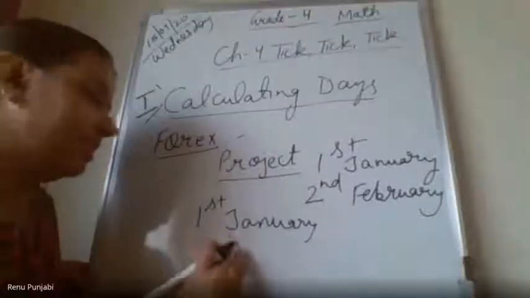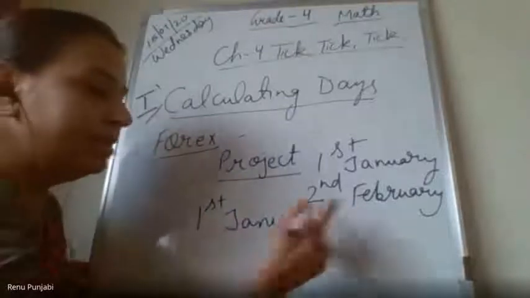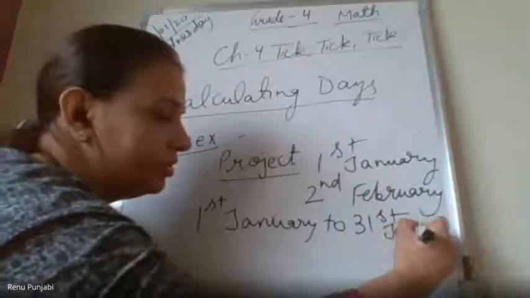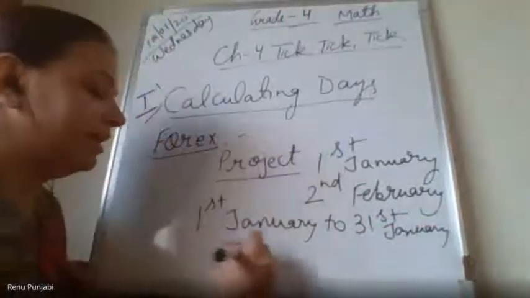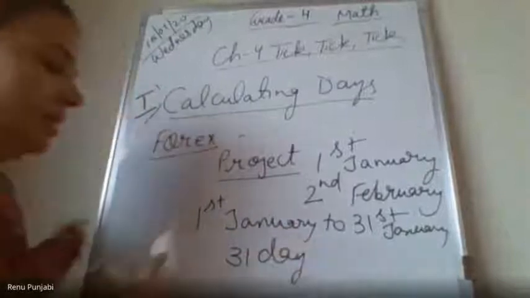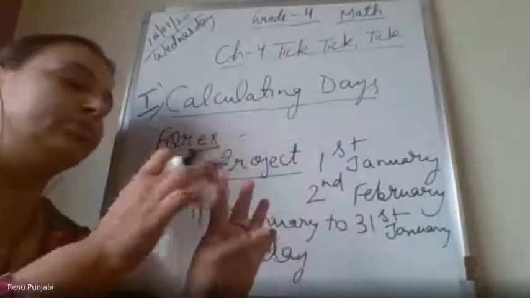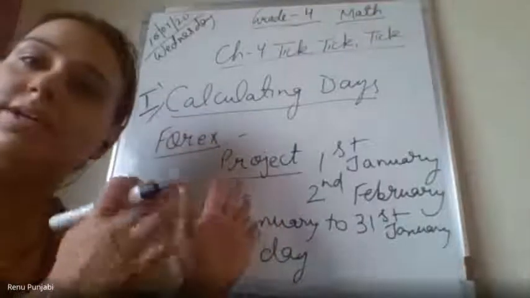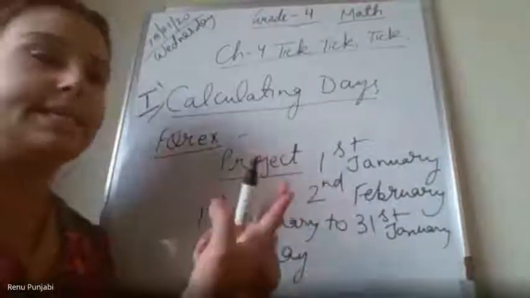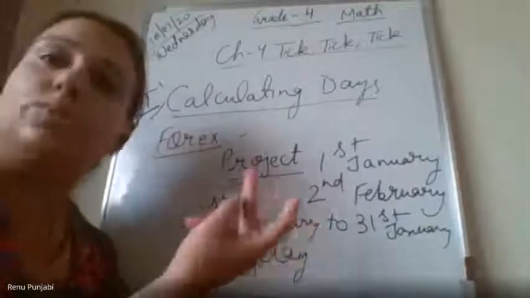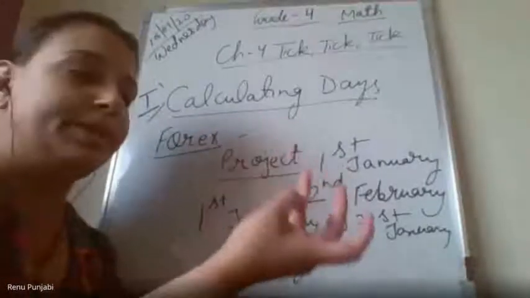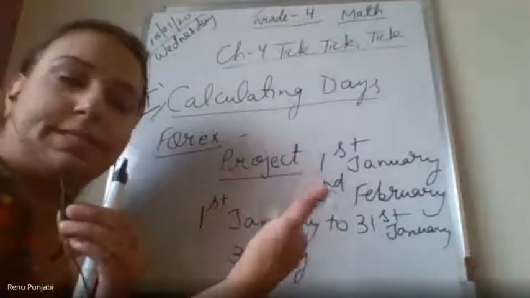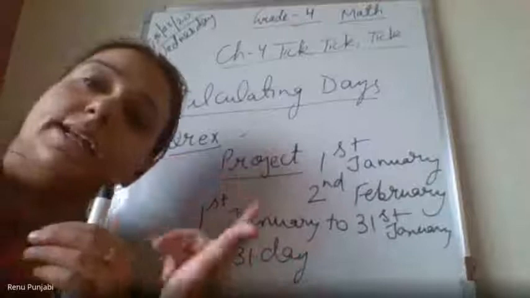Wait. 1st January to 31st January, we all know, are 31 days. 1, 2, 3, 4, 5, 6, 7, 8, 9, 10, 11, 12, 13, 14, 15, 16, 17, 18, 19, 20, 21, 22, 23, 24, 25, 26, 27, 28, 29, 30, 31 days.